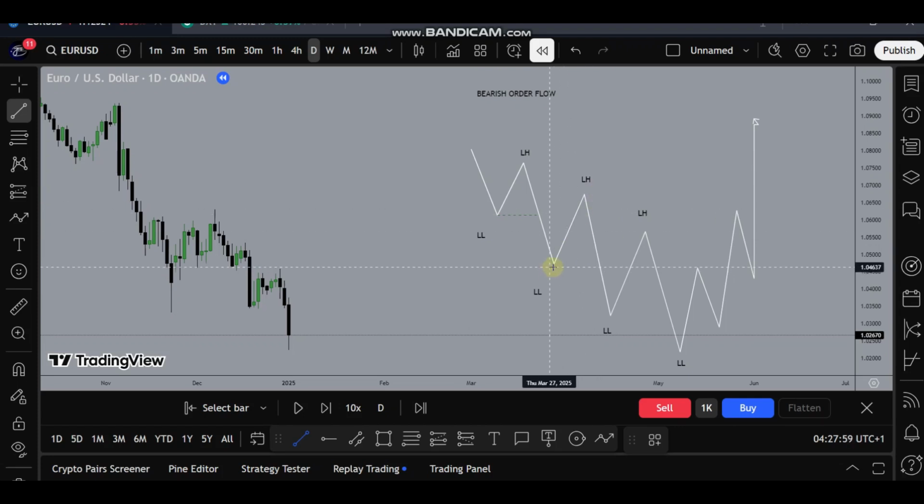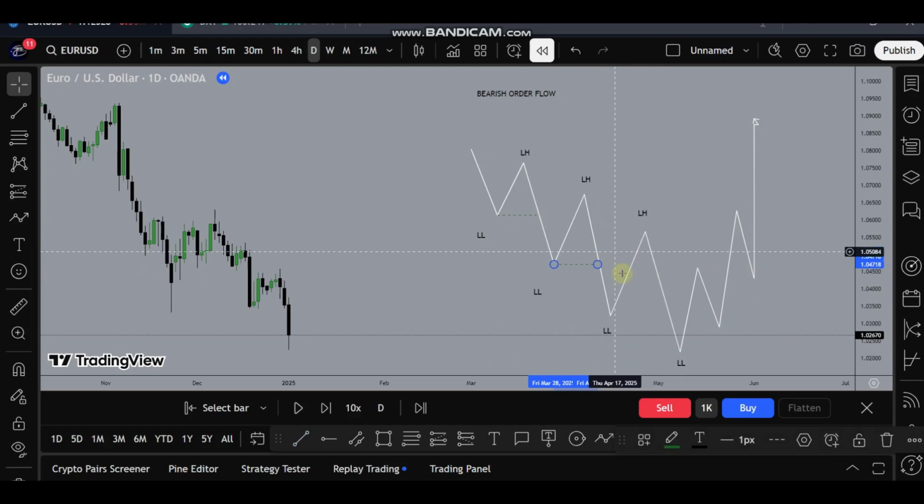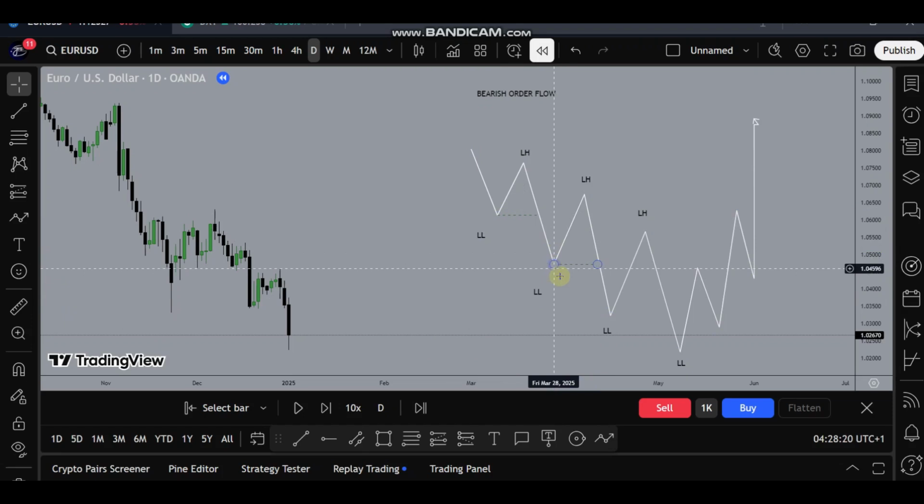So price creates a lower low, creates a lower high, and now closes below this low, we have a break of structure, just like that. So once price breaks structure and creates a swing point, you ask yourself, between this swing low and this swing low, where is the highest high?